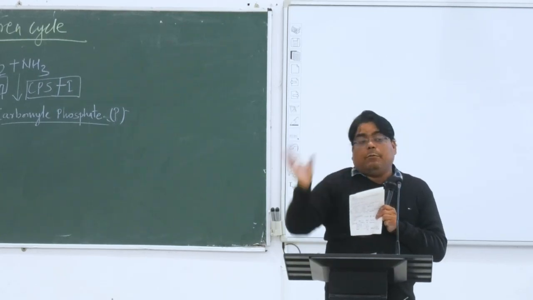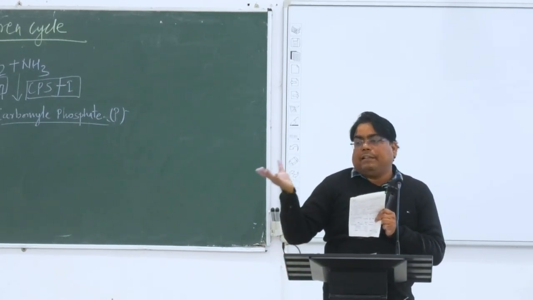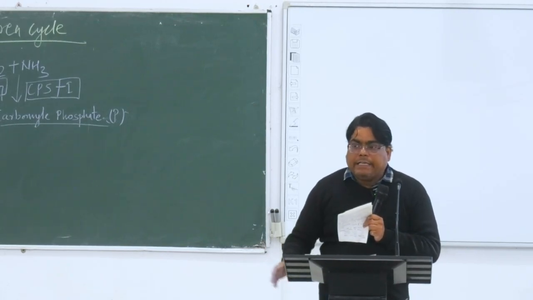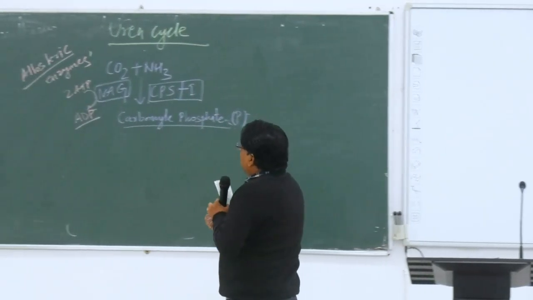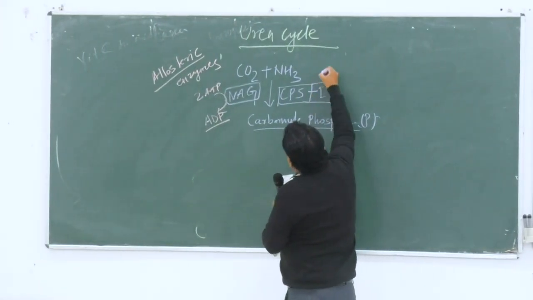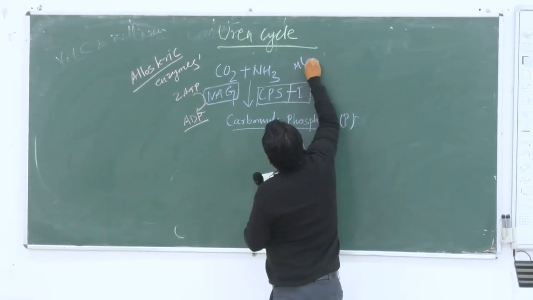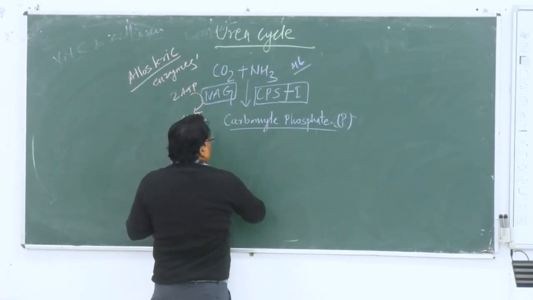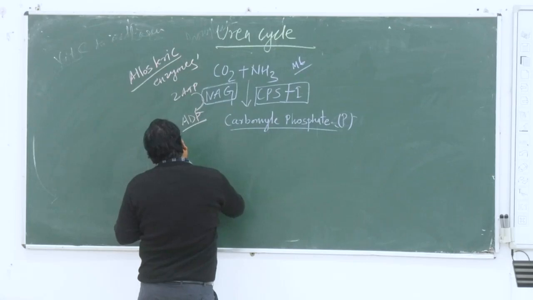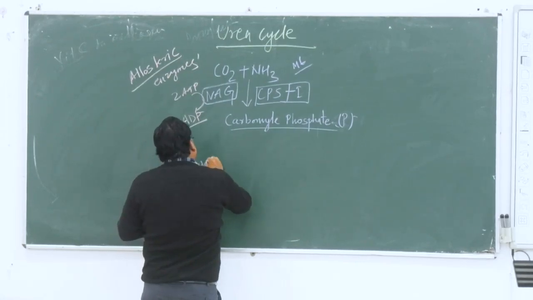If an inhibitor is attached, it inhibits the activity of the enzyme. Okay. So that's why this step is allosterically regulated. You understand that this step majorly happens in mitochondria. Okay. Now in the second step, the carbamyl phosphate reacts with ornithine.